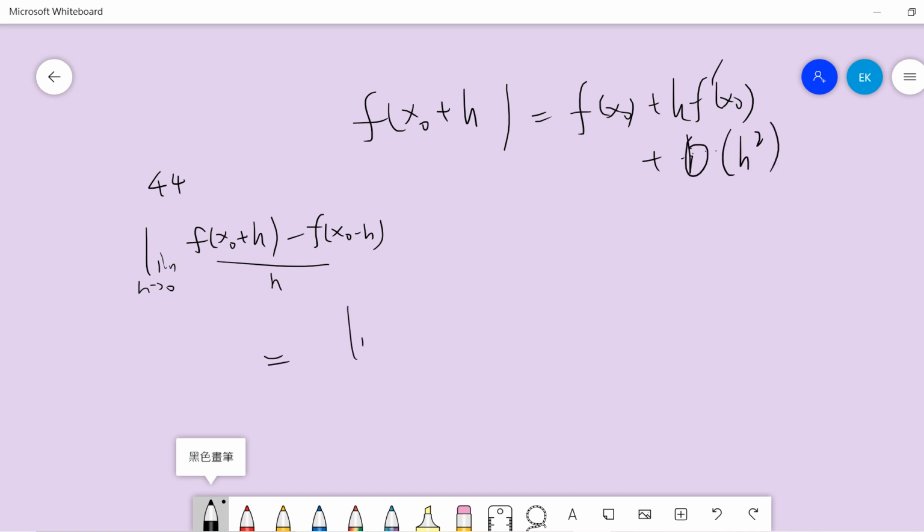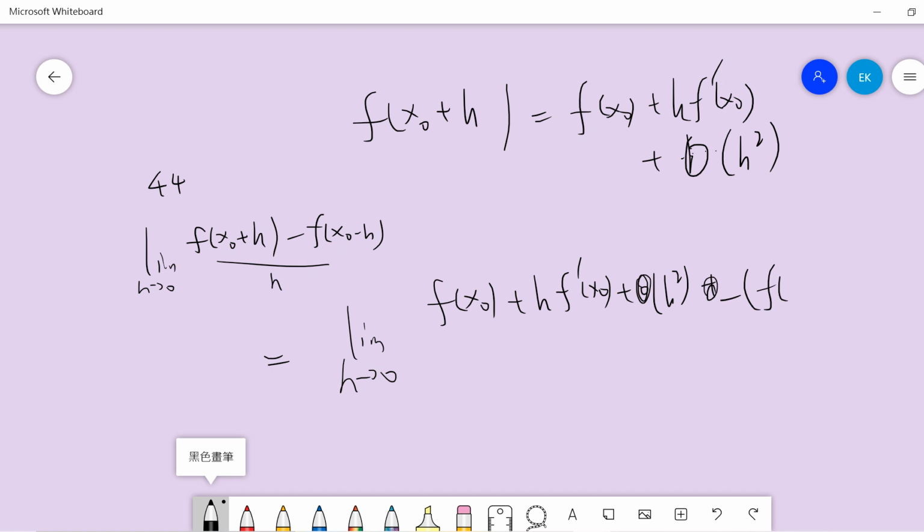So this function can be written as f of x0 plus h f prime of x0 plus some O of h squared term, minus f of x0 minus h, so h goes to minus h, because this is x0 minus h.